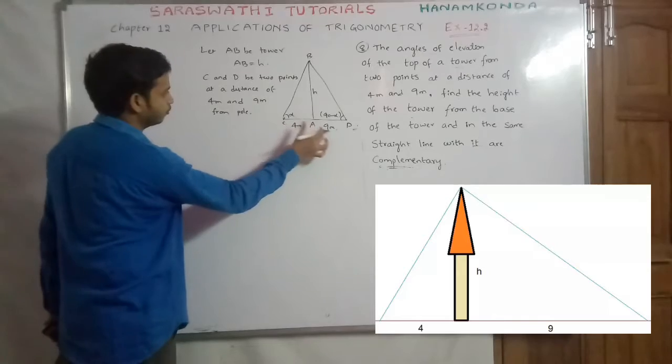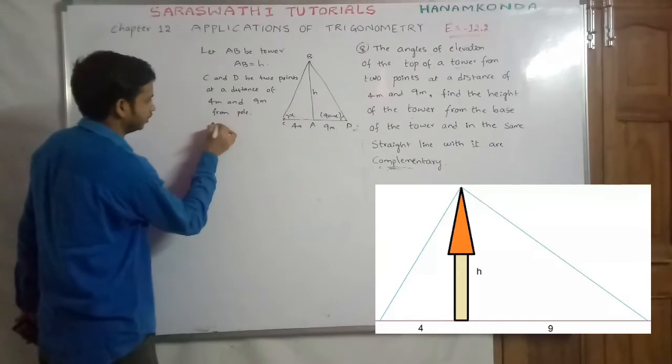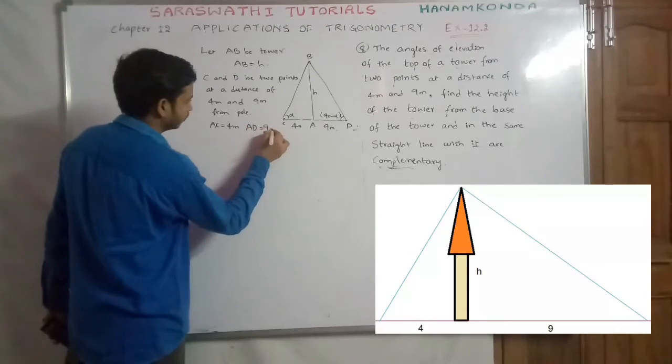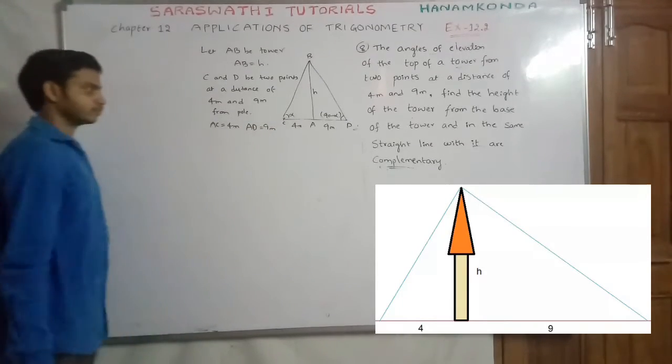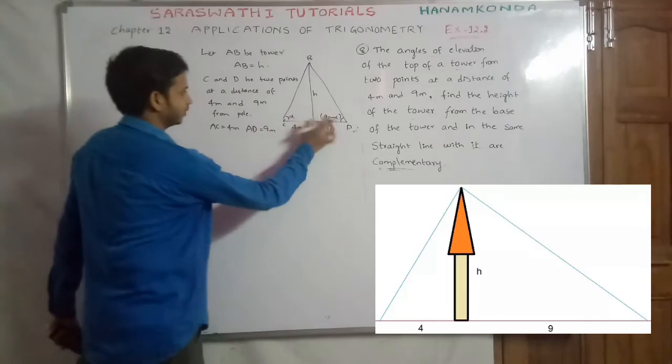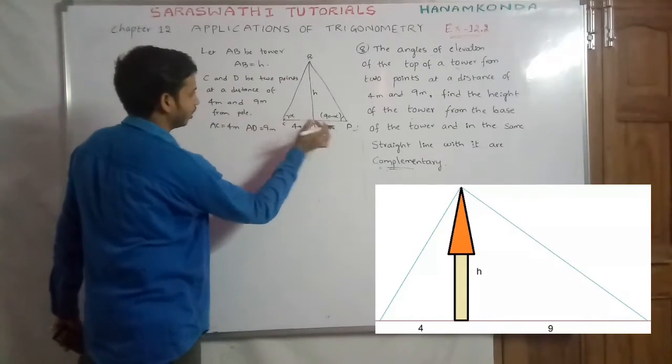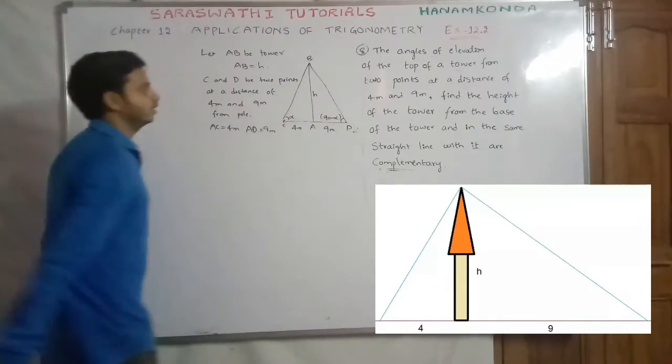That means AC is 4 meters and AD is 9 meters. Since the angles of elevation are complementary, angle ACB equals alpha and angle ADB equals 90 minus alpha.